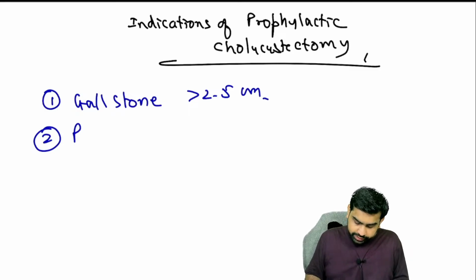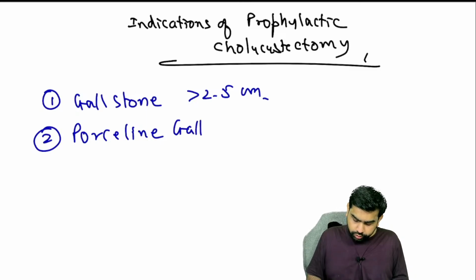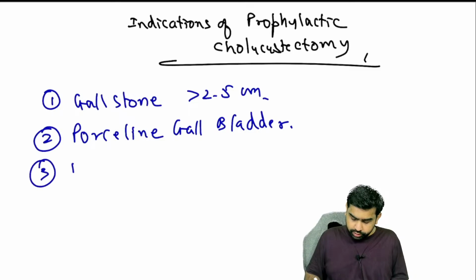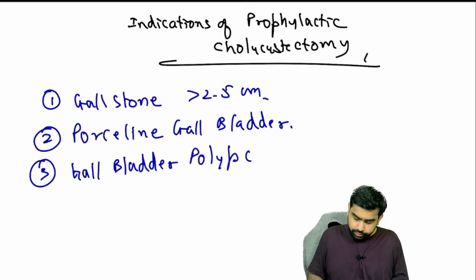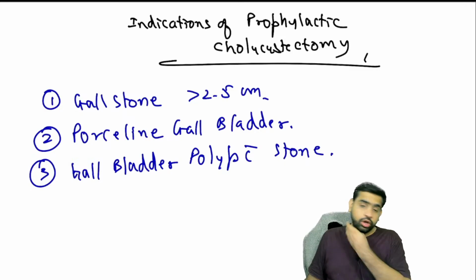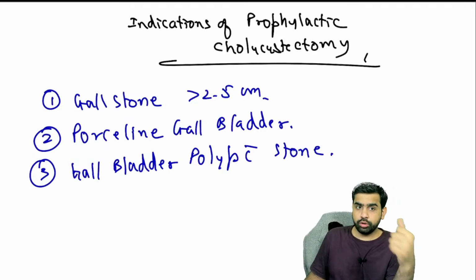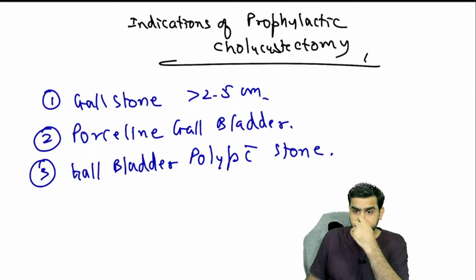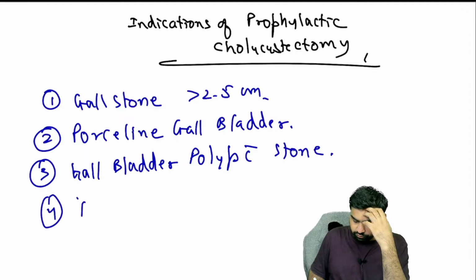So what are the indications? Porcelain gallbladder. If there is a gallbladder polyp with a stone, or there is a porcelain gallbladder, a gallstone which is more than 2.5 centimeters, or a typhoid carrier.